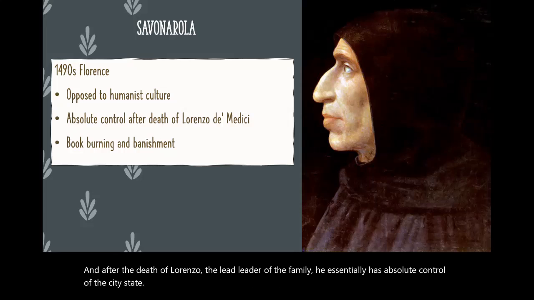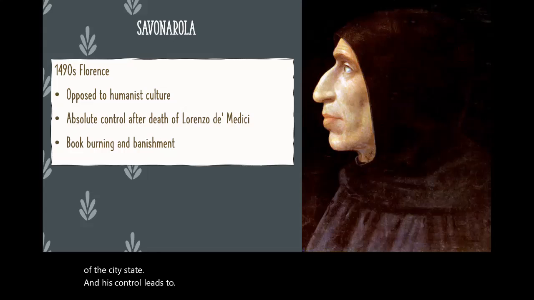And his control leads to book burning, banishment of the rest of the Medici clan, and not only books, but anything that professes vanity, anything that professes an interest in the pagan world of the ancient Greeks and Romans.